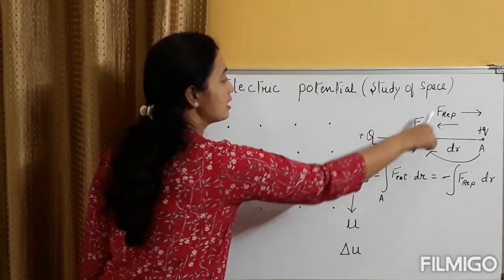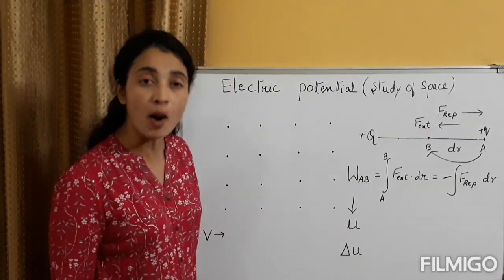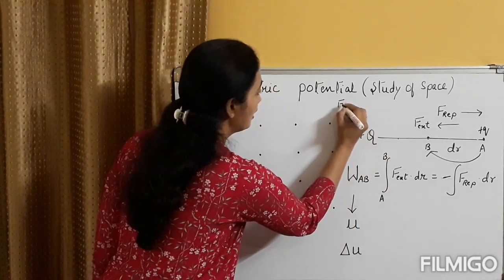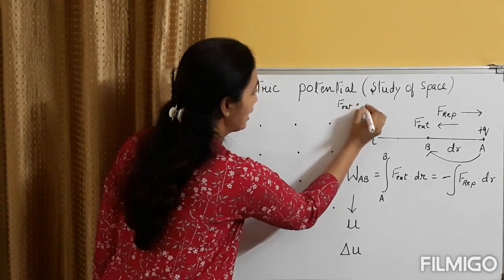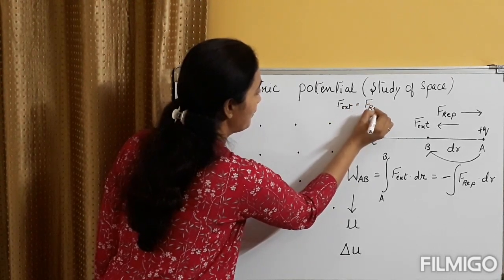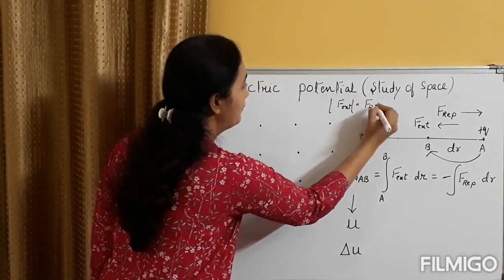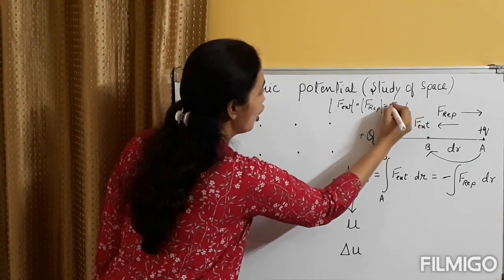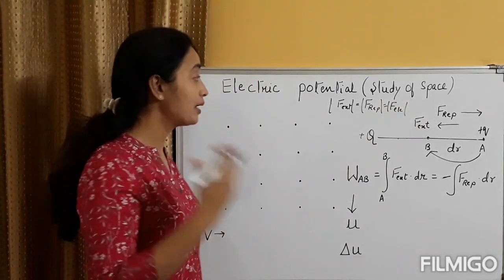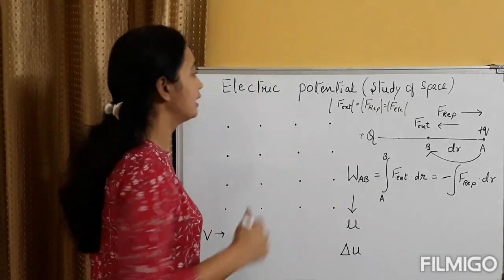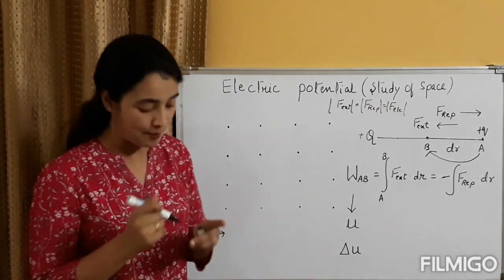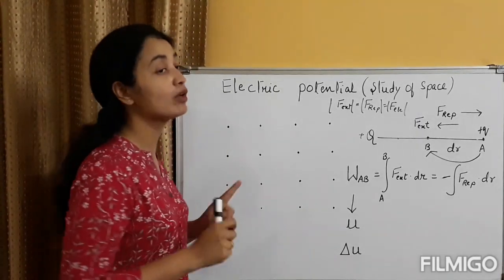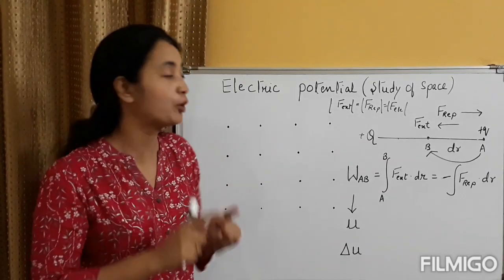Because F external and F repulsion are in opposite directions, and magnitude wise F external we have taken equal to F repulsion, or in a better situation we should call it F electrostatic, because it can be repulsive, it can be attractive, but basically it is electrostatic. Magnitude wise same. Why have we taken it of the same magnitude? Yes, that will be clear when we try to define potential.